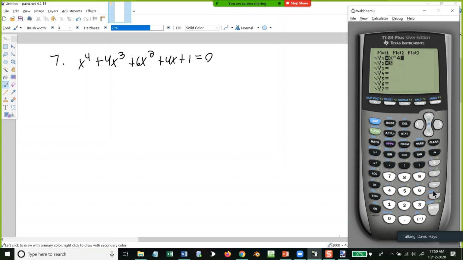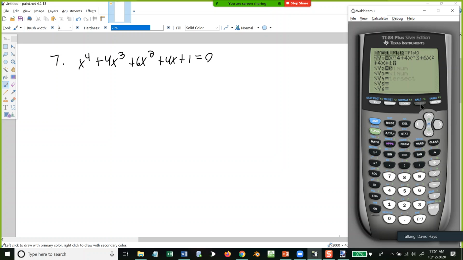X to the 4th plus 4x to the 3rd, plus 6x squared plus 4x plus 1.